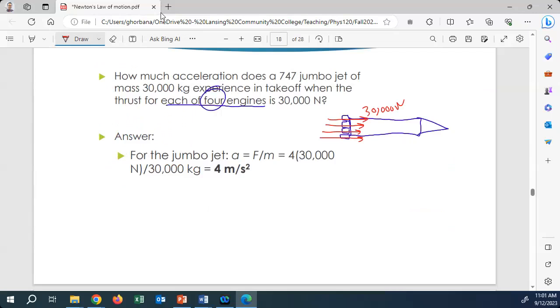So, do we have any other forces? Gravity. The question is telling us it's moving just forward.